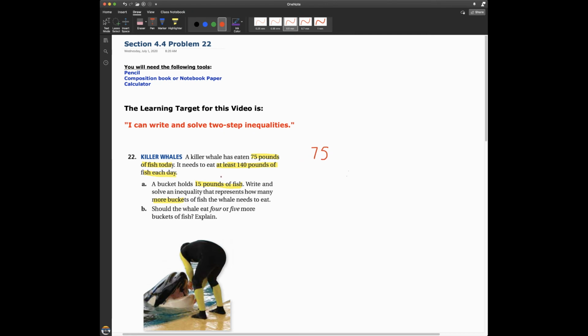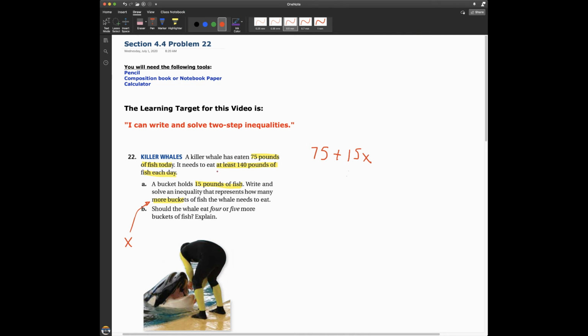A bucket holds 15 pounds, and I want to know how many more buckets. I don't know how many more buckets I need, so that is going to be my variable. One more bucket of fish would be 15 times 1, and then I could add that to 75, and that would tell me how much fish the whale had eaten.